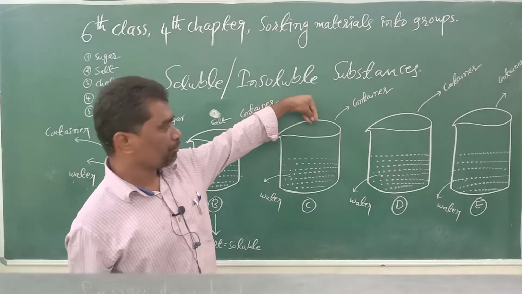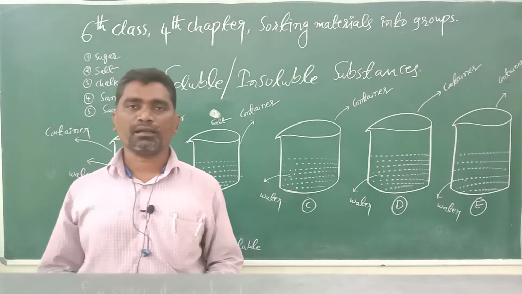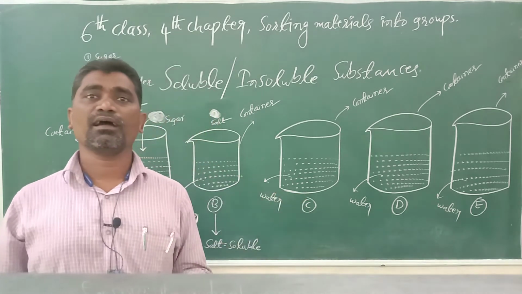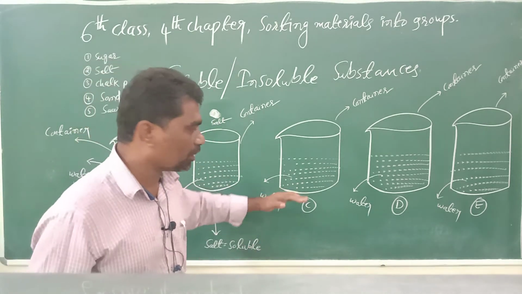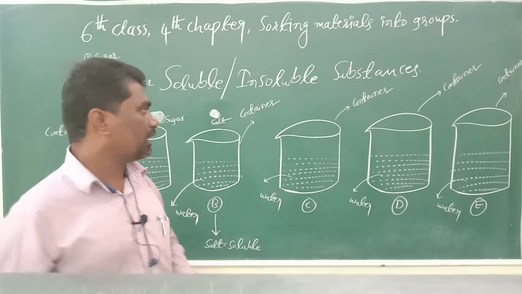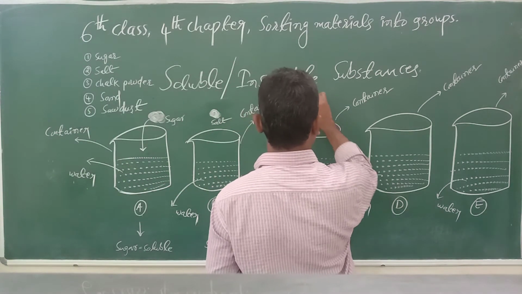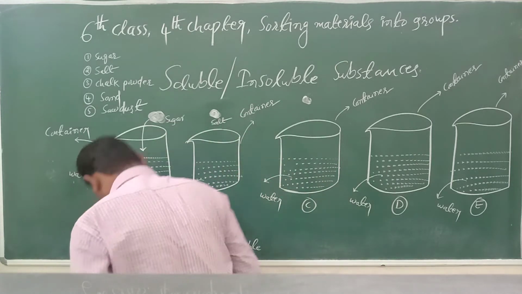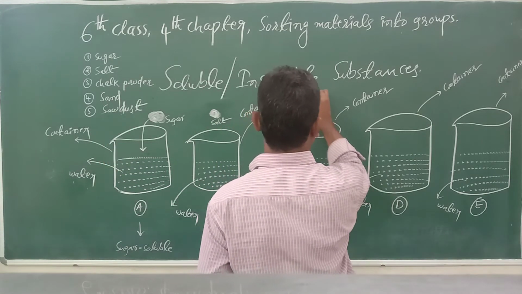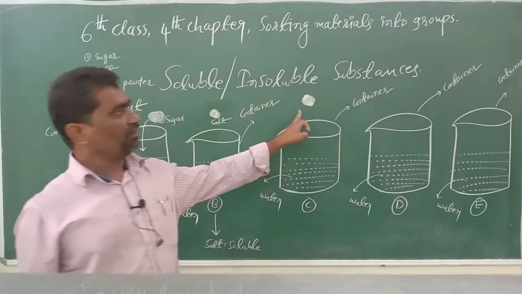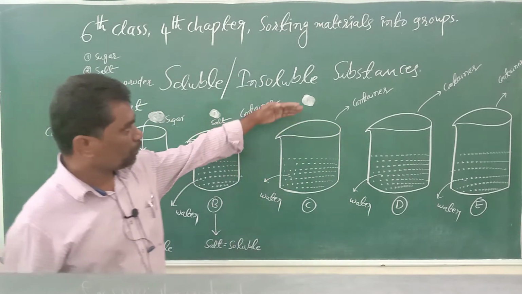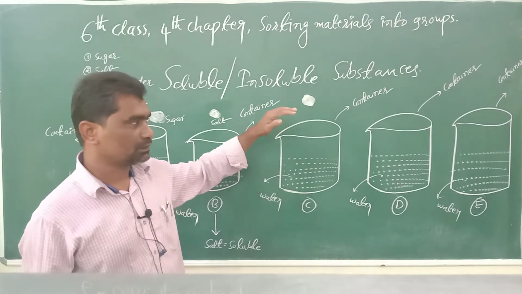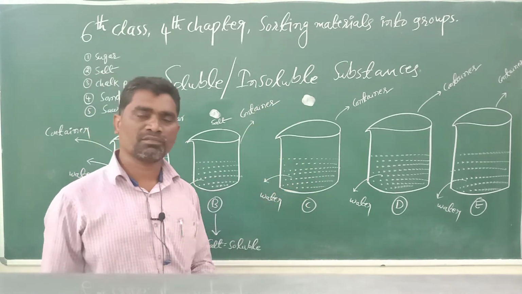Okay. Next, chalk powder. You take chalk powder. Whenever we keep chalk powder, it settles at the bottom of the container. So here, if we take some amount of chalk powder, some amount of chalk powder can dissolve, but some amount of chalk powder will settle at the bottom of the water.